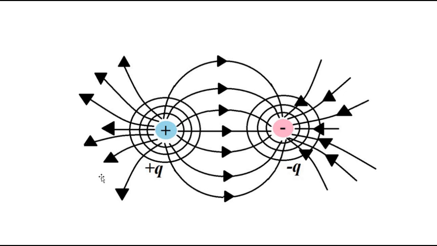Depending on the direction of the electric field lines, we draw an equipotential surface at right angles, perpendicular or normal, to that particular electric field line, and we get a whole group of equipotential surfaces. So these are the examples of equipotential surfaces.